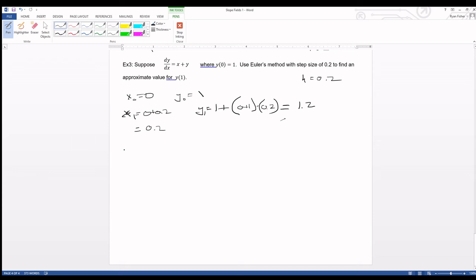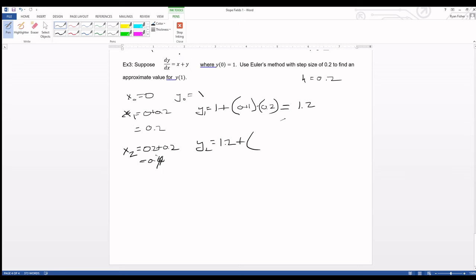Okay. Repeat. The second step is going to be the previous x plus the step size. The second y should be the previous y plus the value of the derivative at the previous location, at x1, y1.